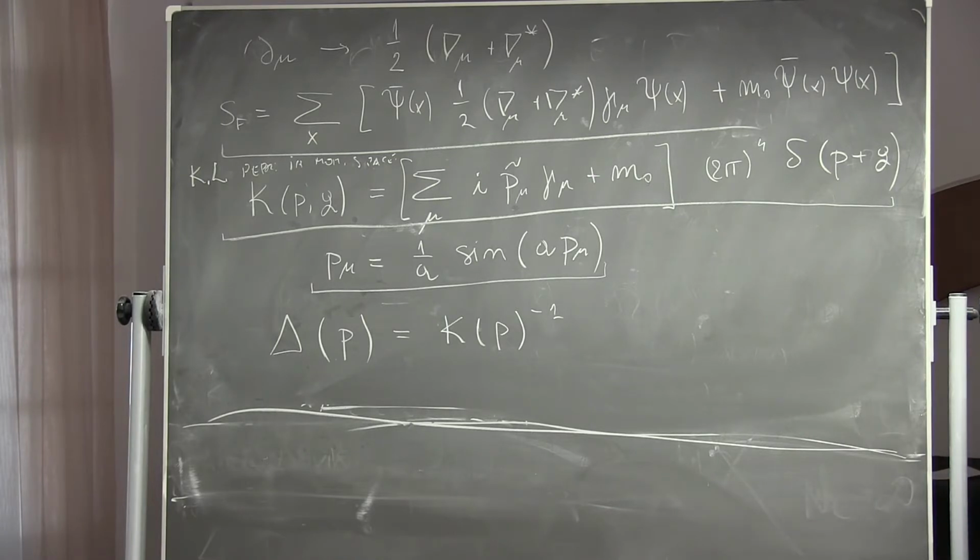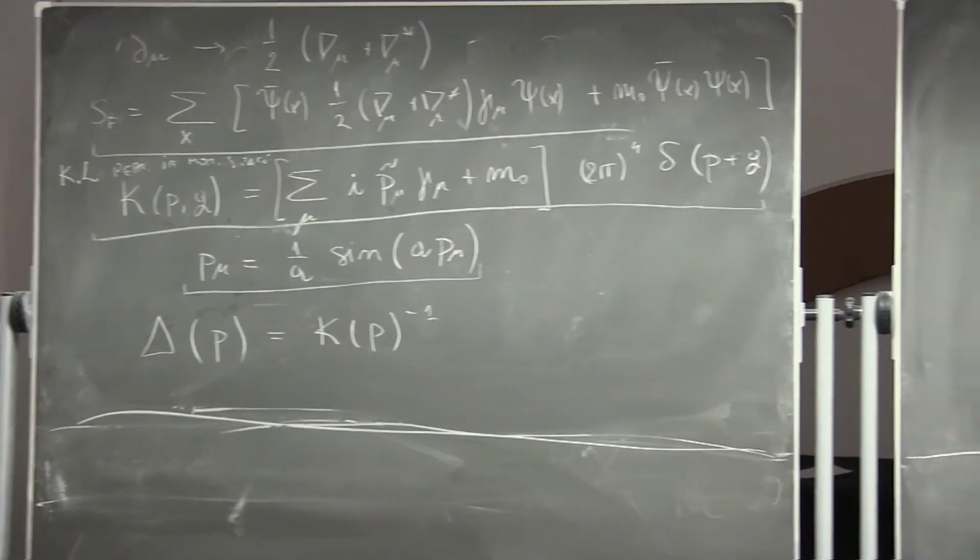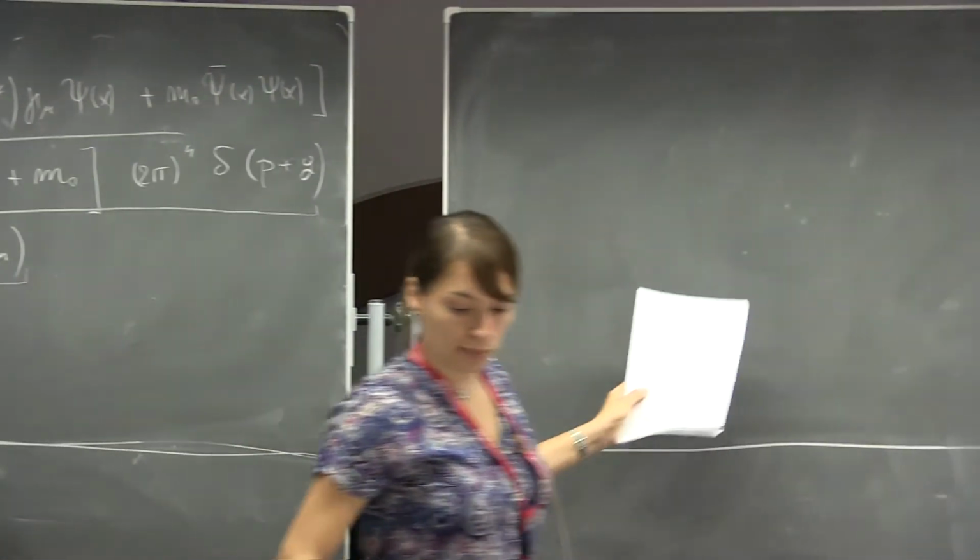We will then perform a Fourier transform and go back to the initial two-point function in position space.